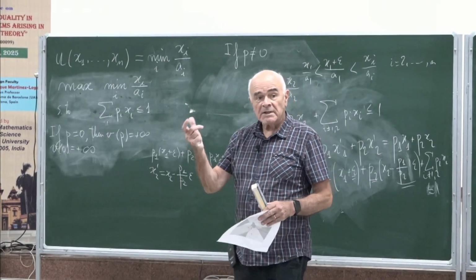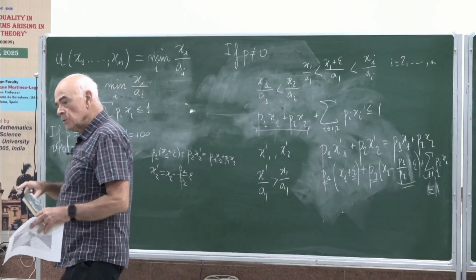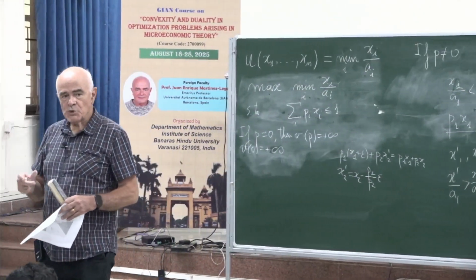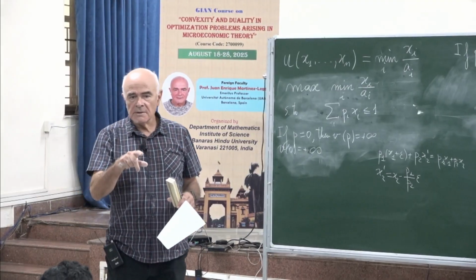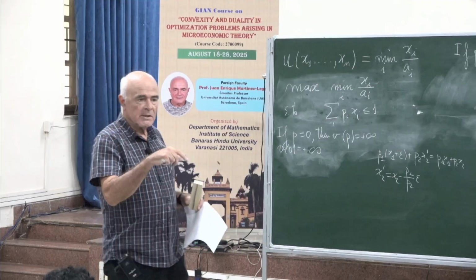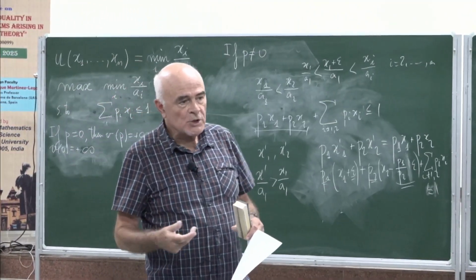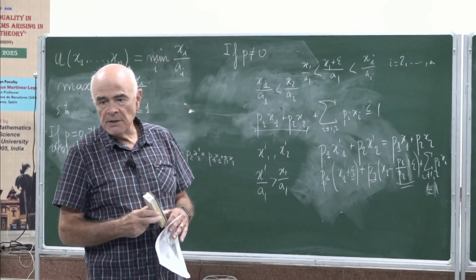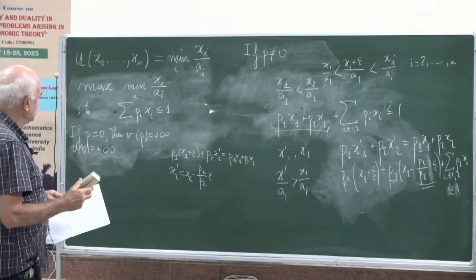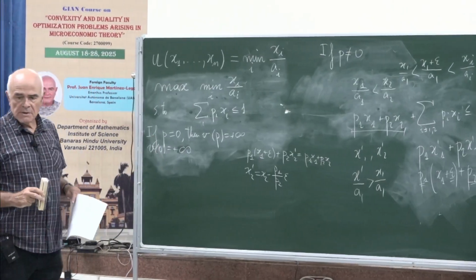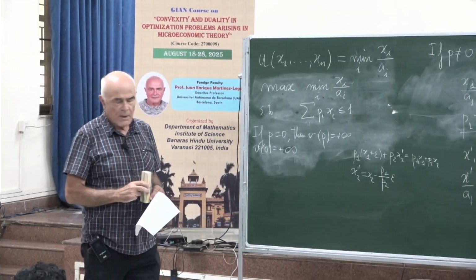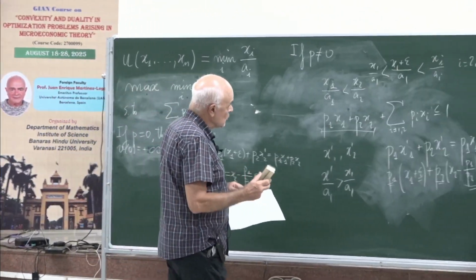So the bound that is imposed on the amount of food that you can produce should be the same for all the ingredients. If for some ingredient it is larger, then this means you have a useless amount of that ingredient. That's the idea. So I don't know if this argument was clear enough, but let us hope it was.